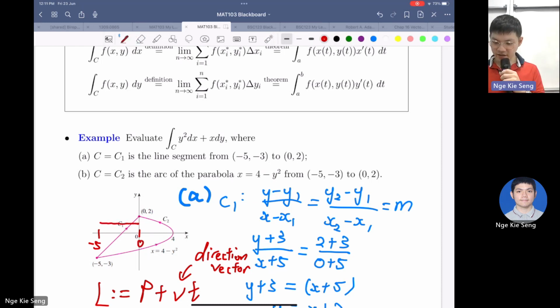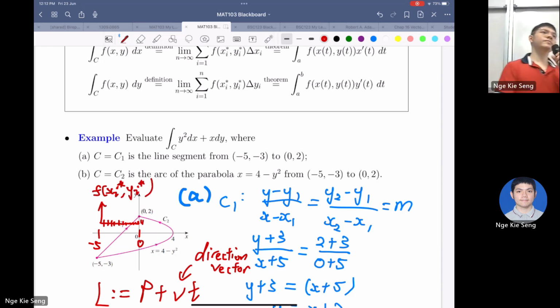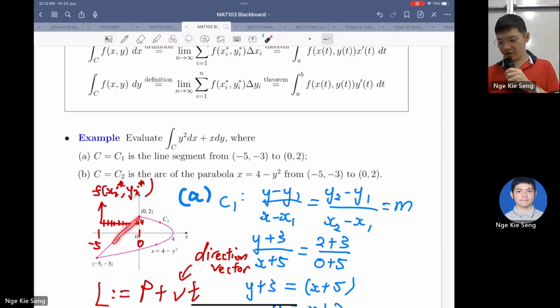So in this direction, you cut infinitely many pieces, and then you look at the weight, which is f(xi star, yi star) within the interval. It seems like a projection. You project your curve onto the x direction and integrate over it, or you project your curve onto the y direction and integrate over it.